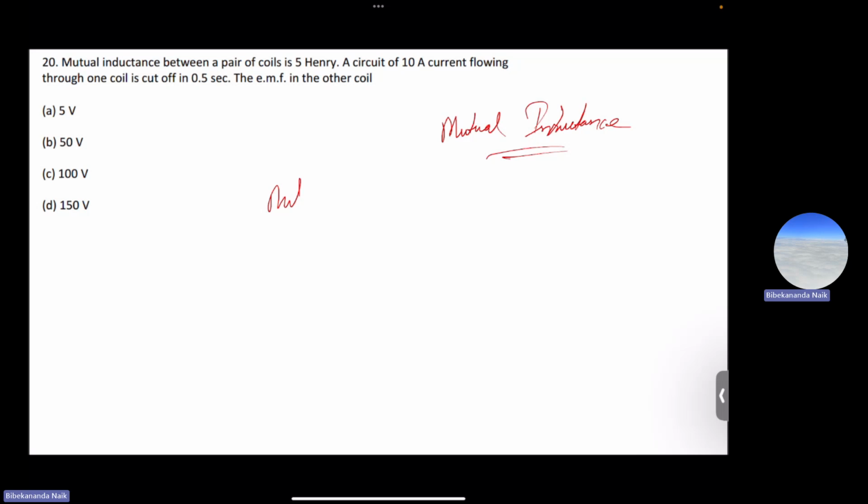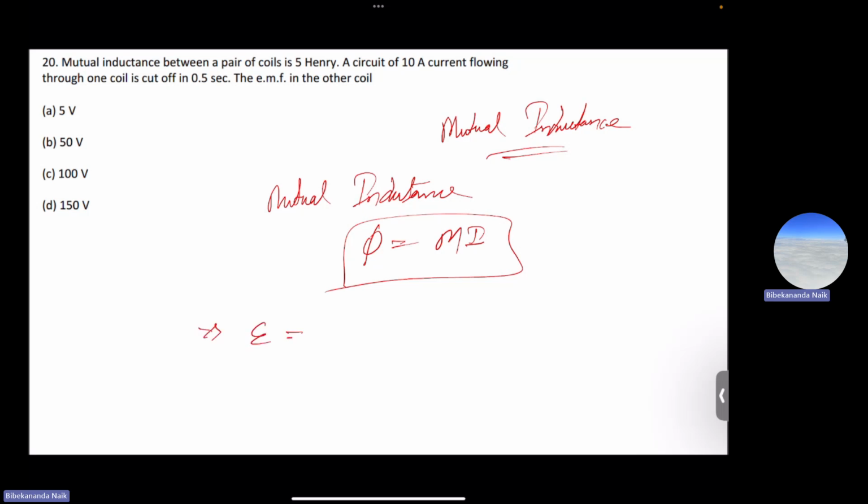We know in case of mutual inductance, phi is given as M into I, and EMF is given as d phi by dt, that implies d by dt of M I, which is M di by dt. So EMF is M into di by dt.